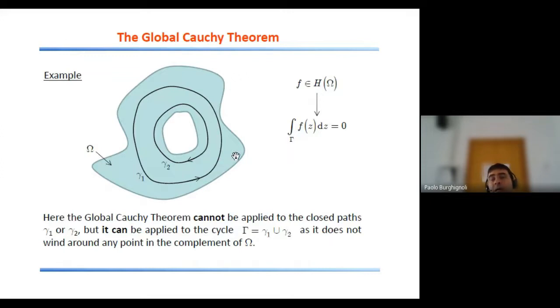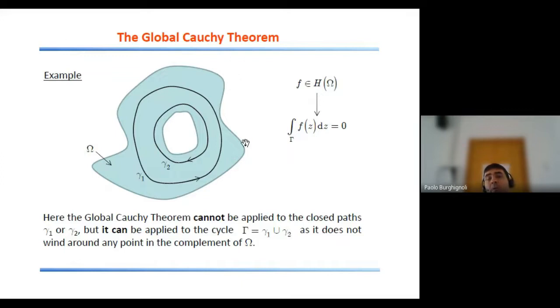Now, this cycle is entirely in omega, and it does not wind around any point, because if you consider points outside omega, then both gamma 1 and gamma 2 do not wind around them, so their index is 0.